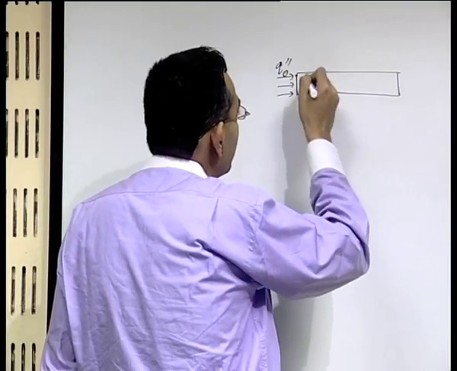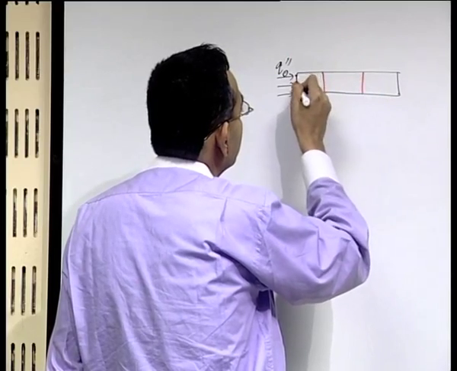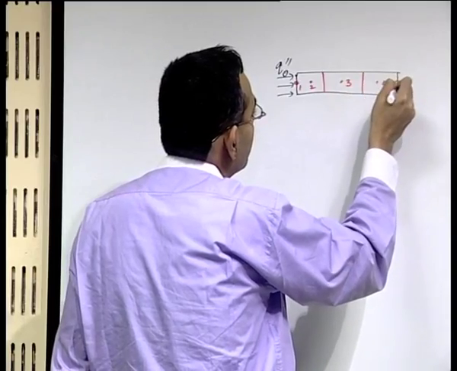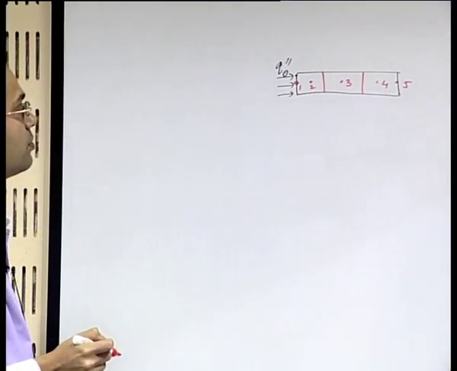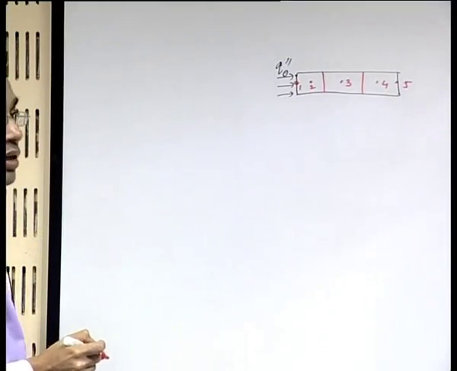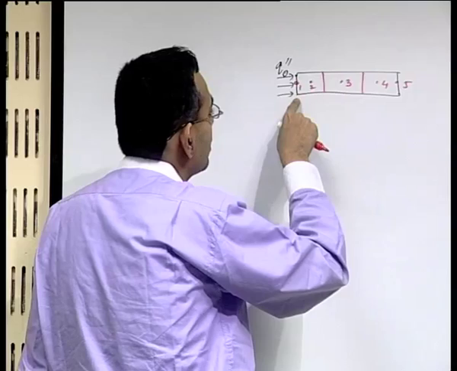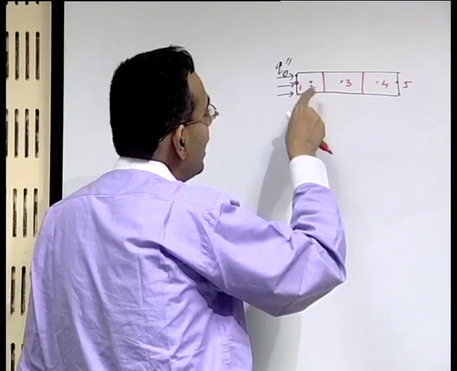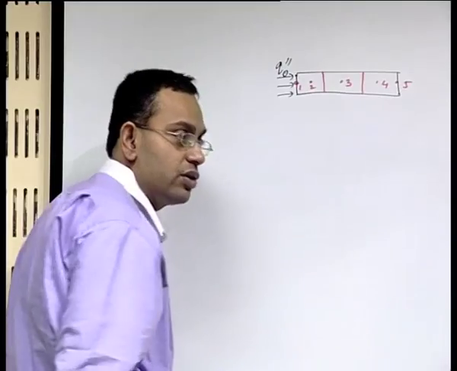If you consider a control volume like this, this heat flux essentially makes sure that the same amount of heat flux leaves the other face of the control volume.